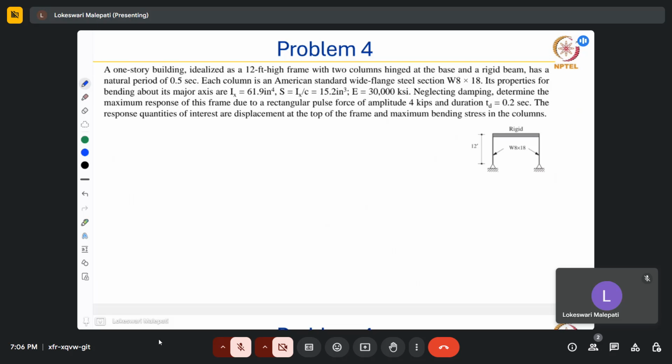Moving on to problem number 4. A one-story building idealized as a 12 feet high frame with 2 columns hinged at the base and a rigid beam has a natural period of 0.5 seconds.